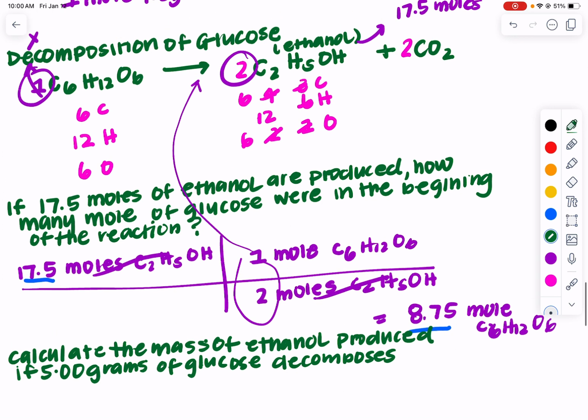Okay. So now we're given 5 grams of this, and it goes through the entire reaction. How much of this is produced? How do we do that?